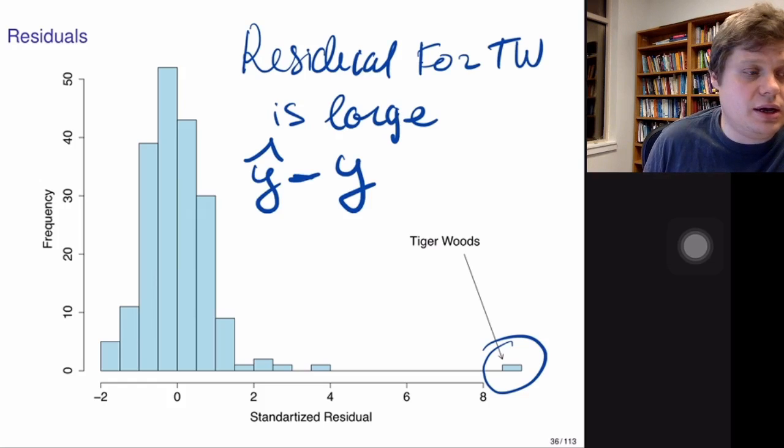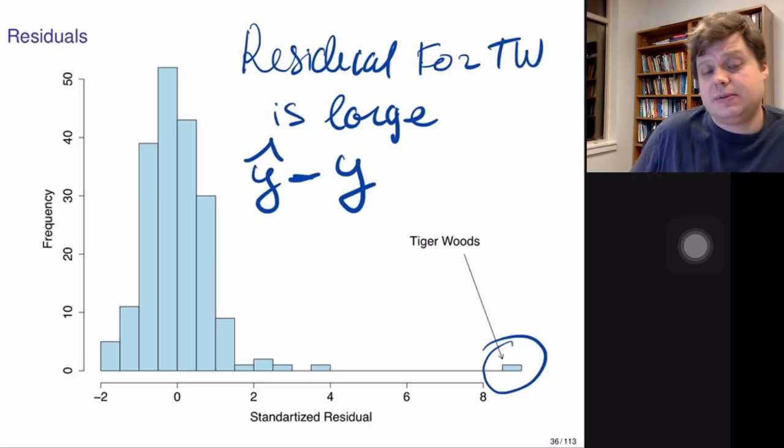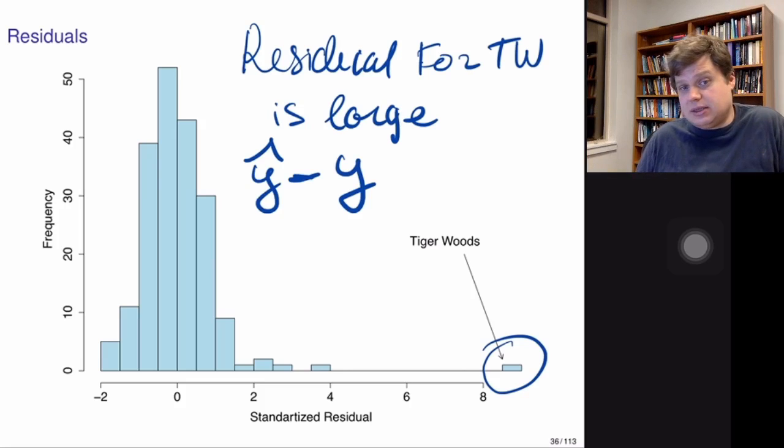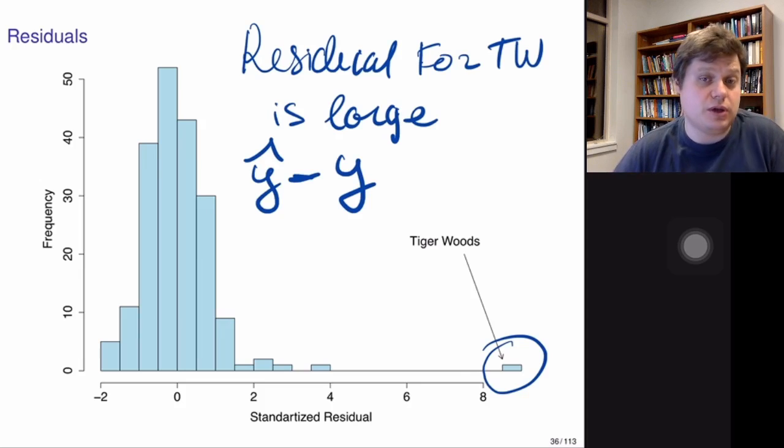Tiger Woods is the top player. He focuses on the top events, but not only does he focus on them, he actually has the ability to win them. So although maybe his technical skills are not that far from his competitors, maybe his mental skills are much stronger, which we do not observe in this model, so we don't measure how strong he is mentally.